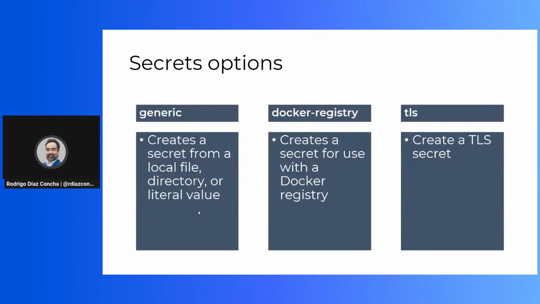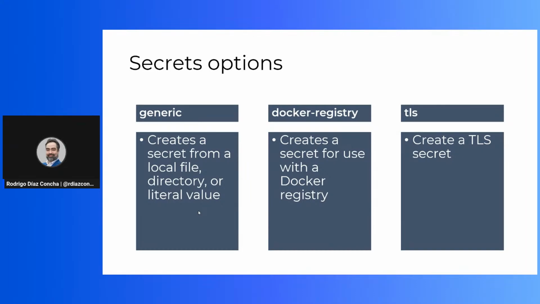So there are three secret options that you want to use when creating those objects. The first one, and I think that's the most common one, is generic. This is for creating secrets that are meant to be used with local files, directories, and literal values, very similar to the config map, okay?